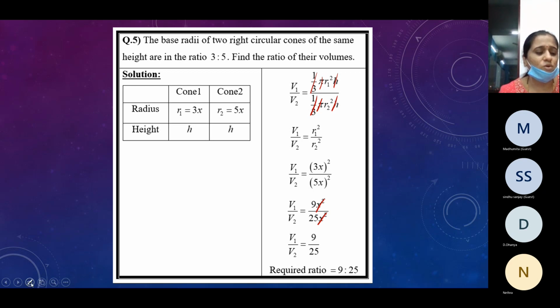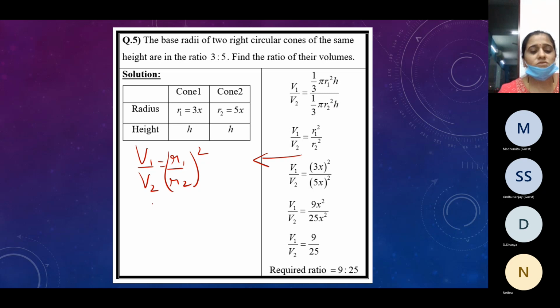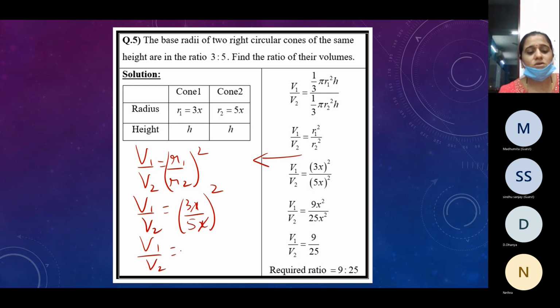What I told you was V1 by V2 is R1 by R2 the whole square, so V1 by V2 is 3x by 5x the whole square, and x and x get cancelled. So the required ratio is 9 by 25.